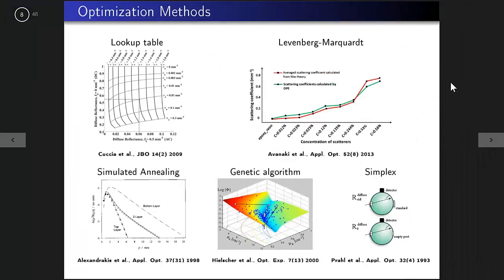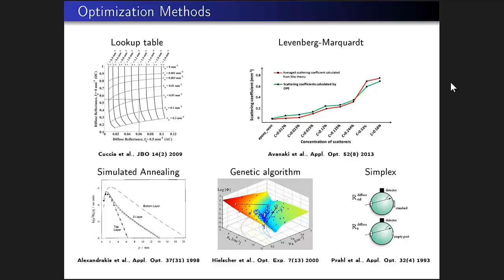So I'm going to briefly review a few different types of optimization methods. I did a little literature search and found the different types that have been used for different types of optical property determination. You saw from David that he used a lookup table methodology in some of the results that he showed. I'll go over that.